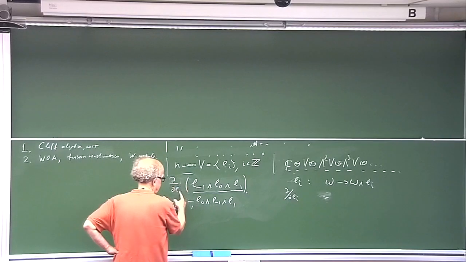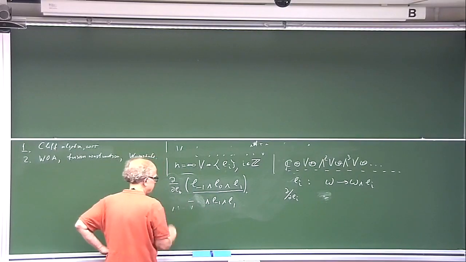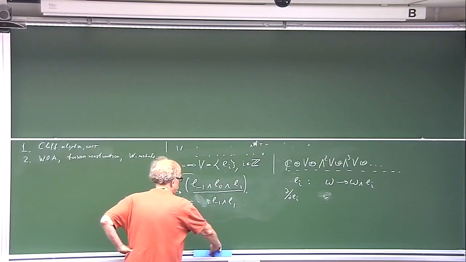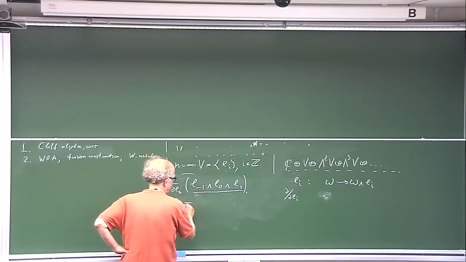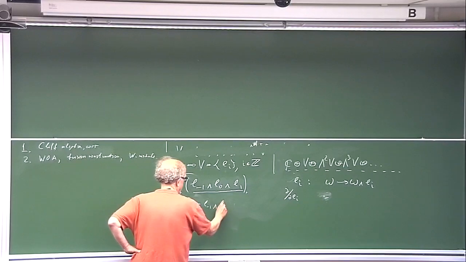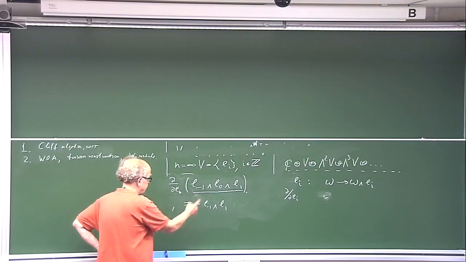After that, the derivation just erases it. Derivation means erasing, and so the result of the operation is minus e_{-1} times e_1. This is the result of the derivation.